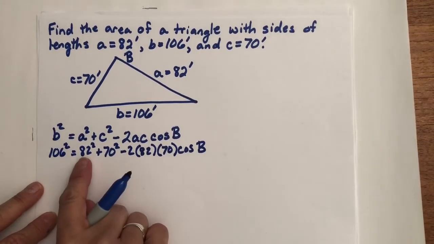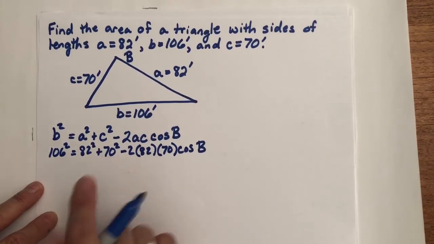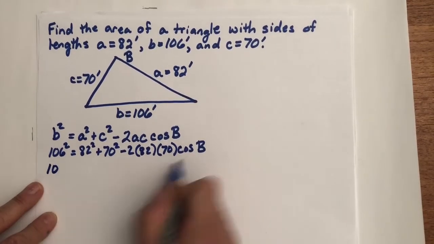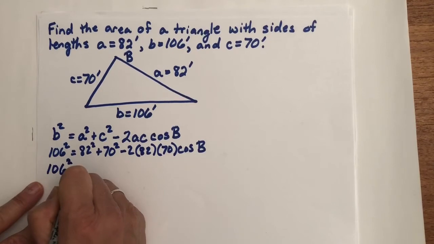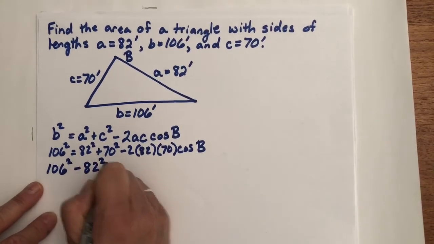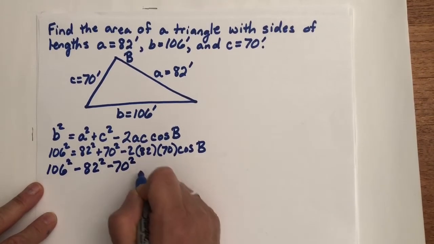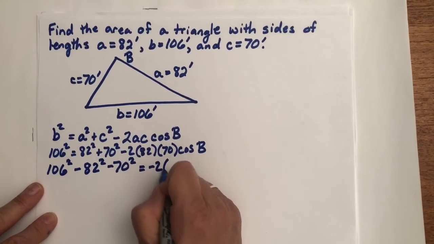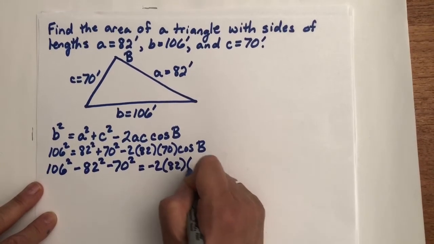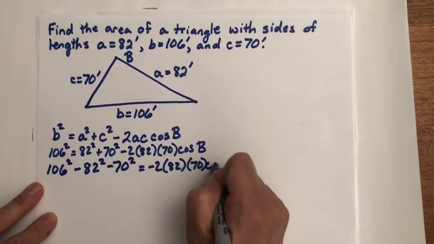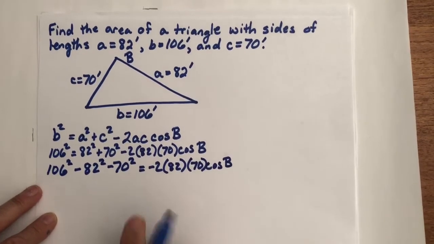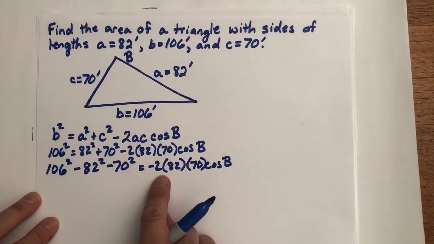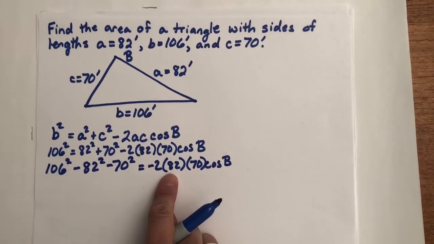And we need to subtract 82 squared and 70 squared. We're solving for the cosine of B, and we will divide by negative 2 times 82 times 70.